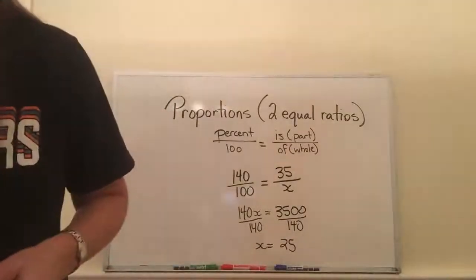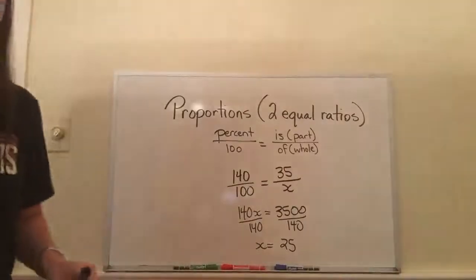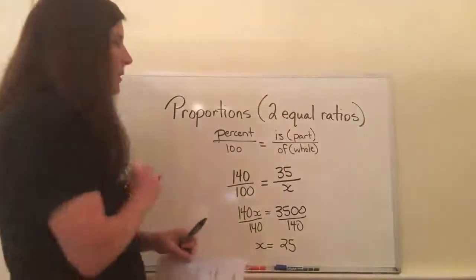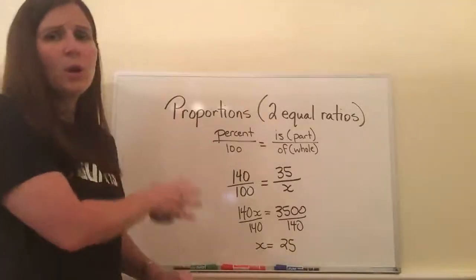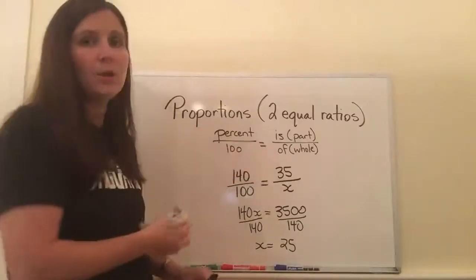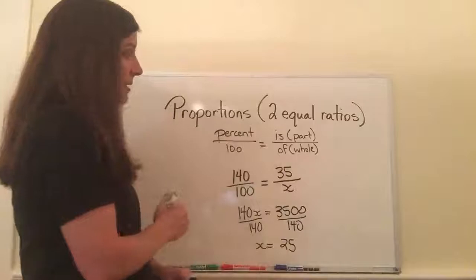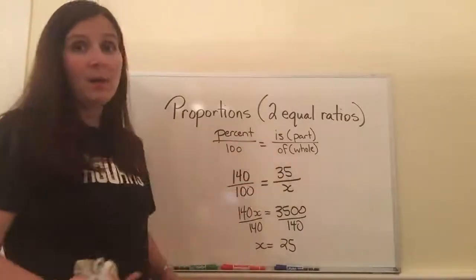Okay, so the next method, that second method, like I said in last week's lesson, will work no matter what you're given. If you're given the percent and the of, you can figure out the is. If you're given the percent and the is, you can figure out the of.